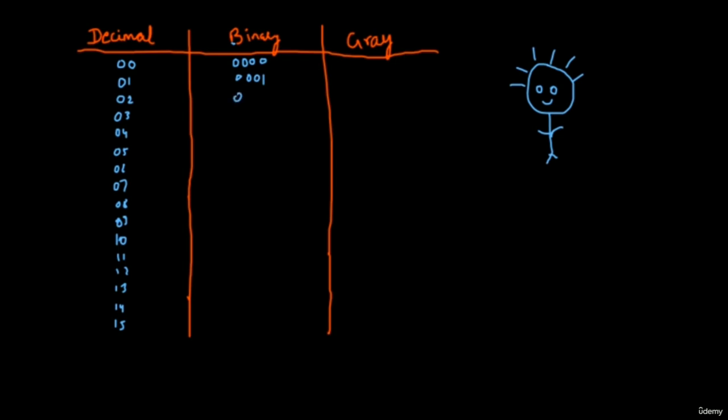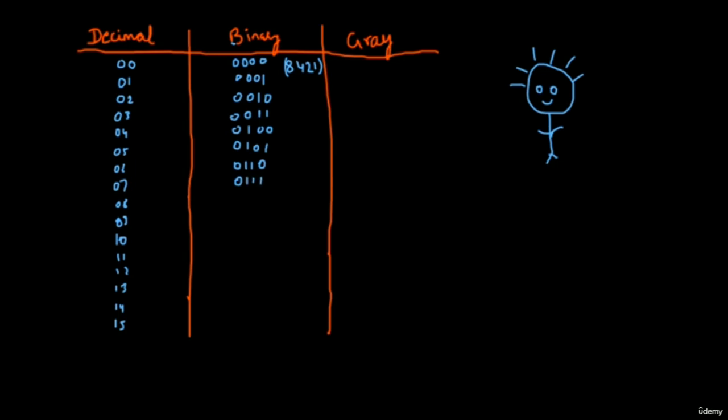Okay, so 0 0 1 0, 0 0 1 1, then we have 0 1 0 0. If you have any doubt, you can write the 8421 as your reference and simply follow it: 0 1 0 1, then to write 6, 0 1 1 0, then to write 7, 0 1 1 1.